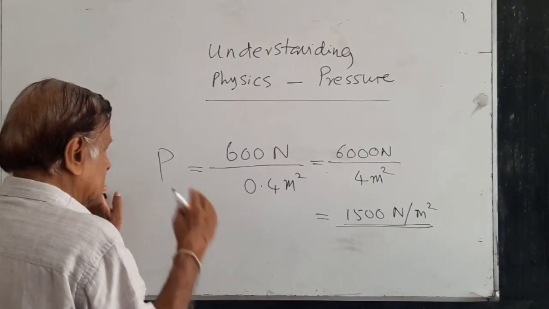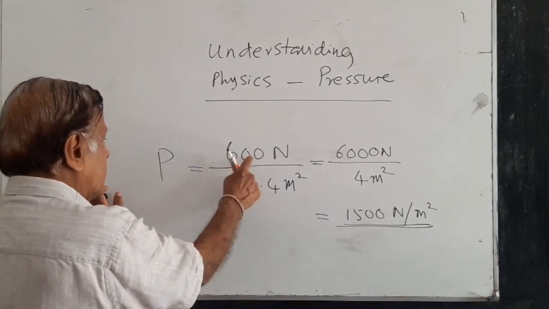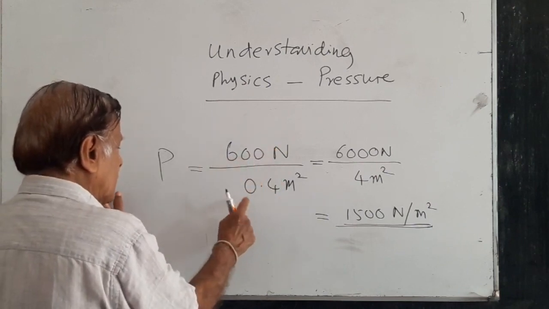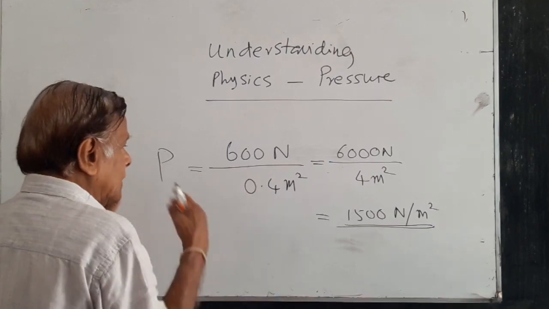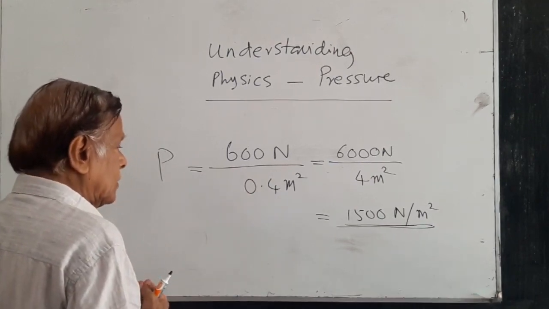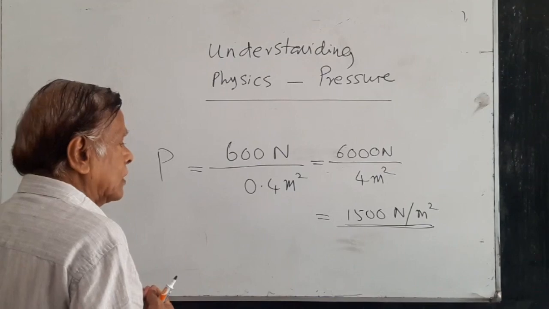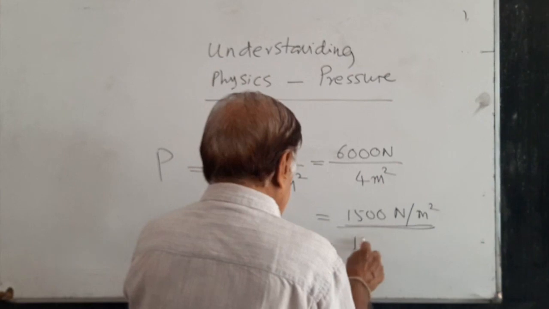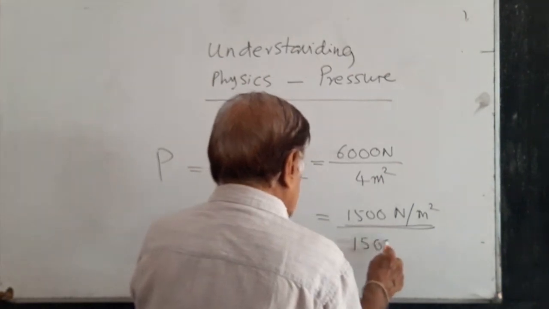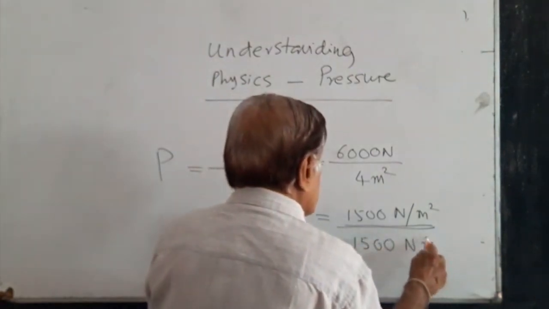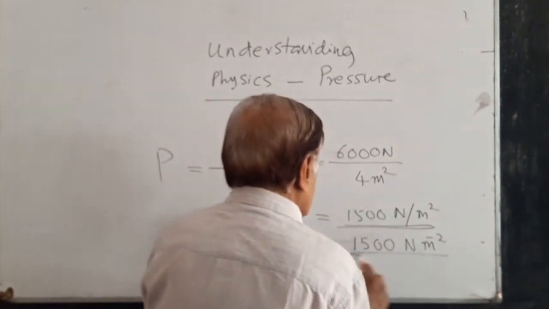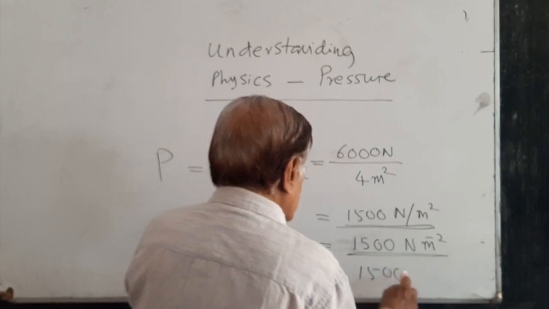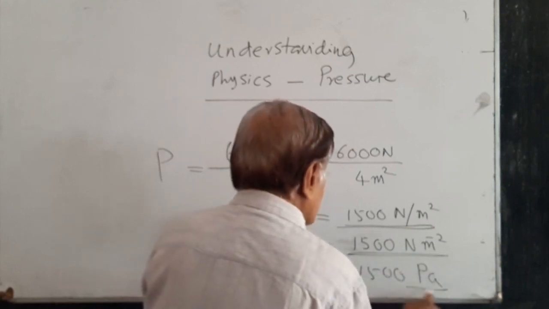Now, the pressure exerted when a force of 600 newtons is acted on an area of 0.4 square meters is 1,500 newtons per square meter. This can be written like this also, newtons per square meter. Or also you can say 1,500 pascals.